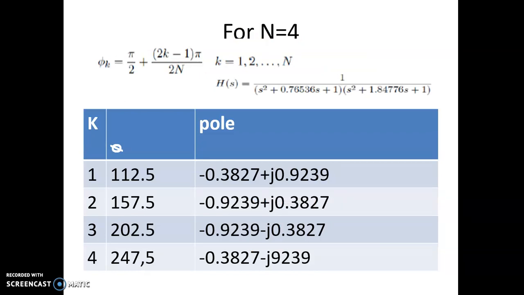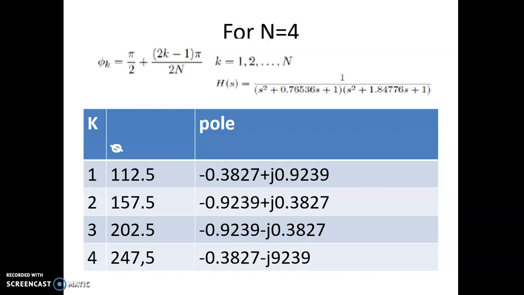Shown here is a calculation of the transfer function for n is equal to 4. For n is equal to 4, you again use phi k is equal to pi by 2 plus (2k minus 1) into pi by 2n, where k is equal to 1, 2 and so on up to n, and you are going to get the angles 112.5 degrees, 157.5 degrees, 202.5 degrees, 247.5 degrees.